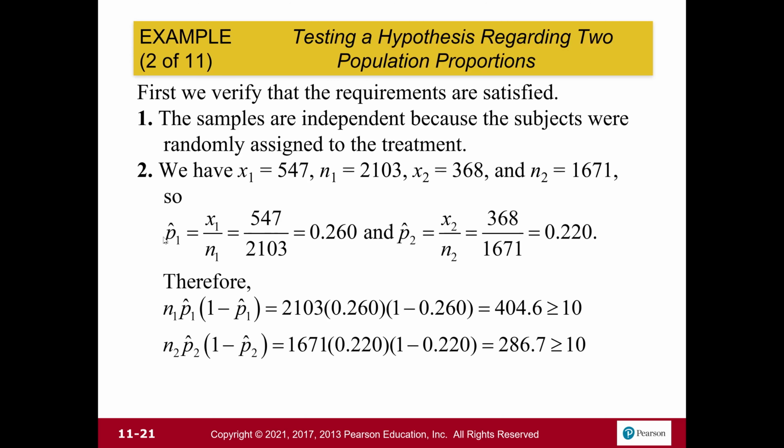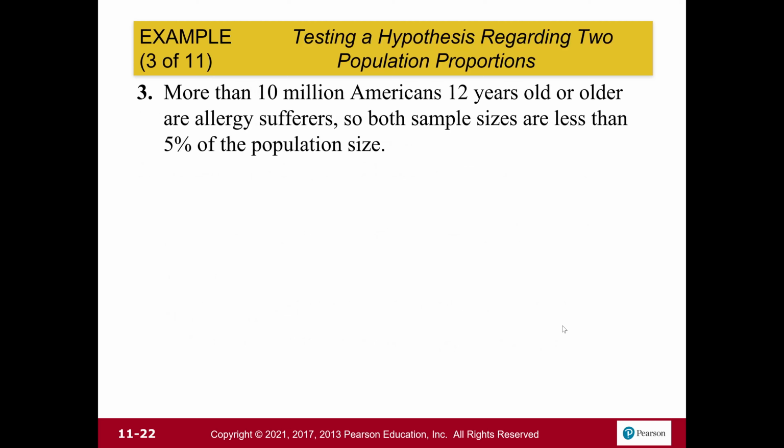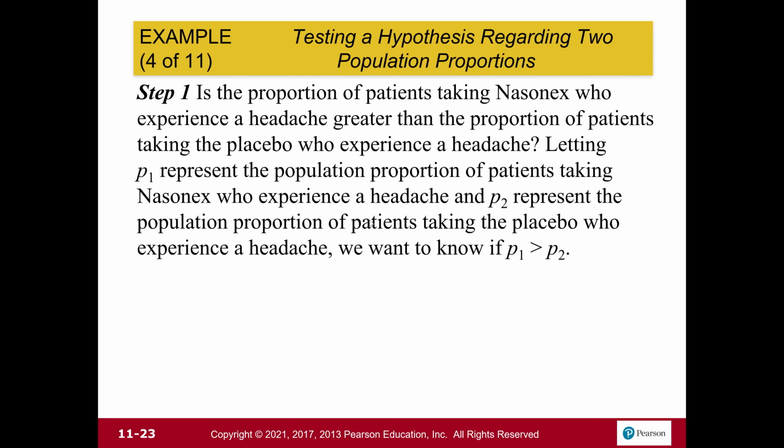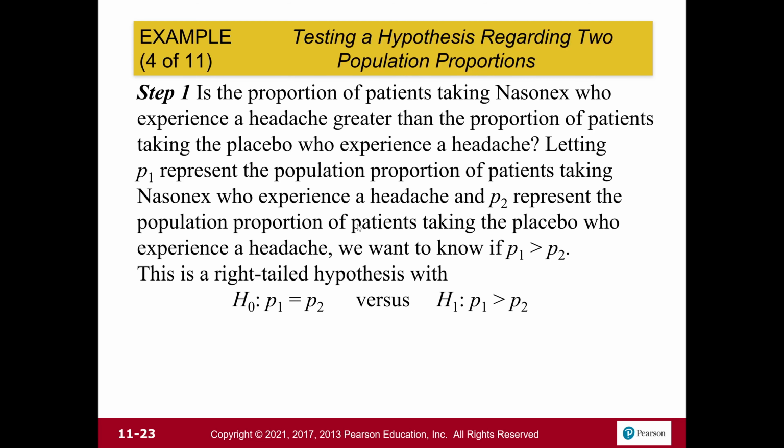So we calculate p hat 1 and p hat 2. And we also know that the requirements are satisfied. The samples are less than 5%. All three requirements are satisfied, so we can proceed through the steps. Step 1, we have to state our null and our alternative.